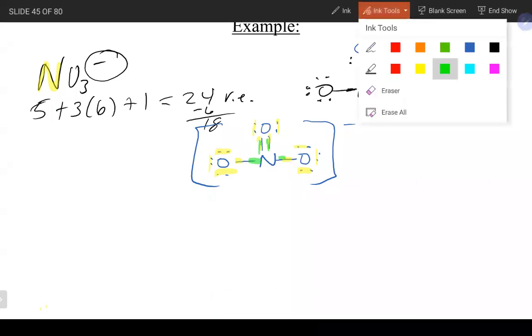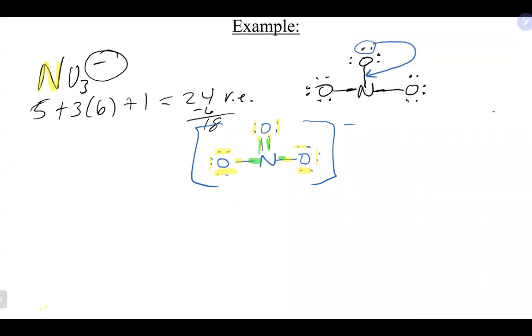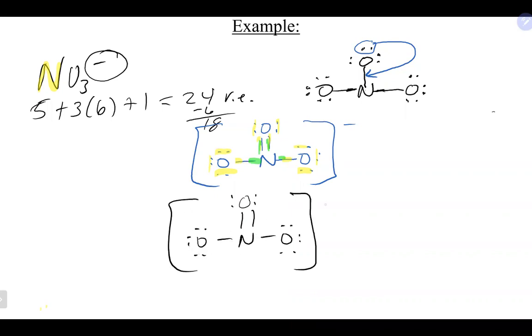Now you could have, as I mentioned, double bonded at either one. So you could have left it like we did here. You could have double bonded it to the right, which would have given you something that looks like this.